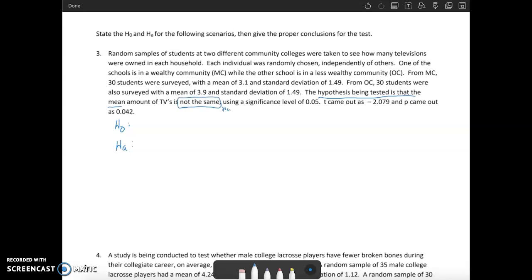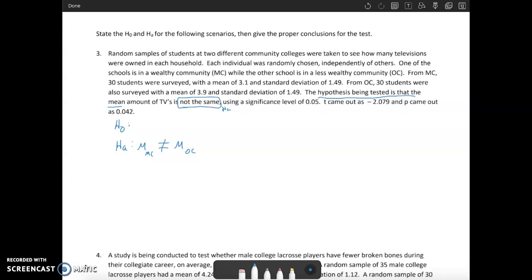So that leads me to my alternate. We're testing that they are different or not the same. We are using a not equal to sign here. And we have the mean value of TVs for the MC community and the mean value from the OC community. So I'll use MC and OC as my subscripts.